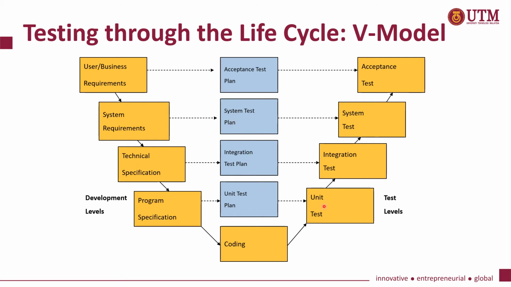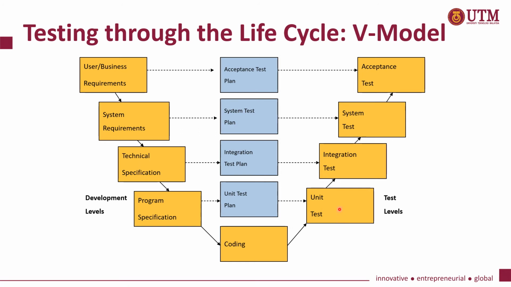Now I will go briefly to define each type of the testing. The first test is the unit test. The unit is the smallest entity which can independently exist, such as a program module.